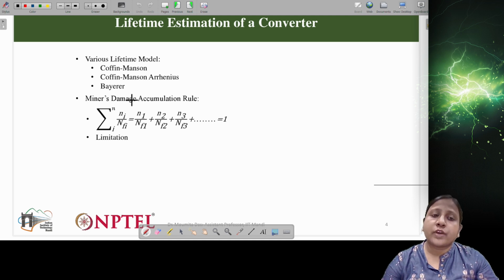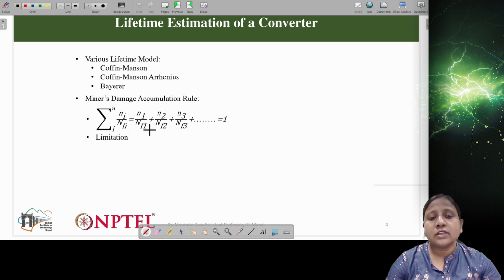So what do we need to find out? Miner's damage accumulation. This accumulation rule gives us the summation of i to n, small n_i divided by capital N_fi, where capital N gives the cycles to failure at different temperatures.